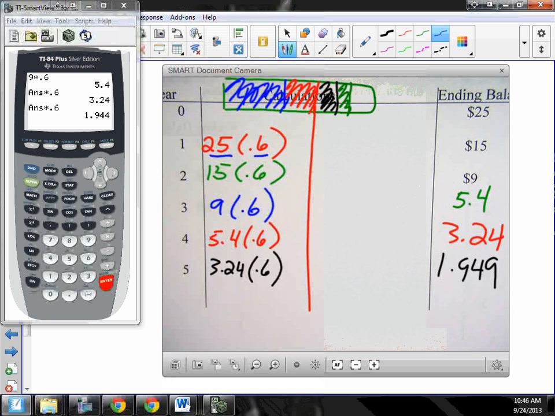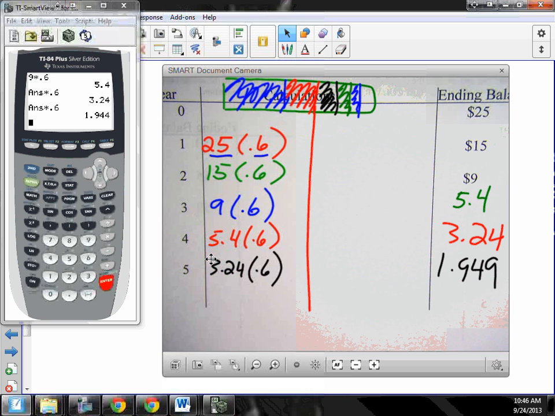What do you notice about those pieces that I get rid of? They're getting smaller. So I'm losing money, but am I losing money at a faster rate or at a slower rate? I'm slowing down. How long is it going to take me to have no money left? Right, my CD player will never be worth nothing.